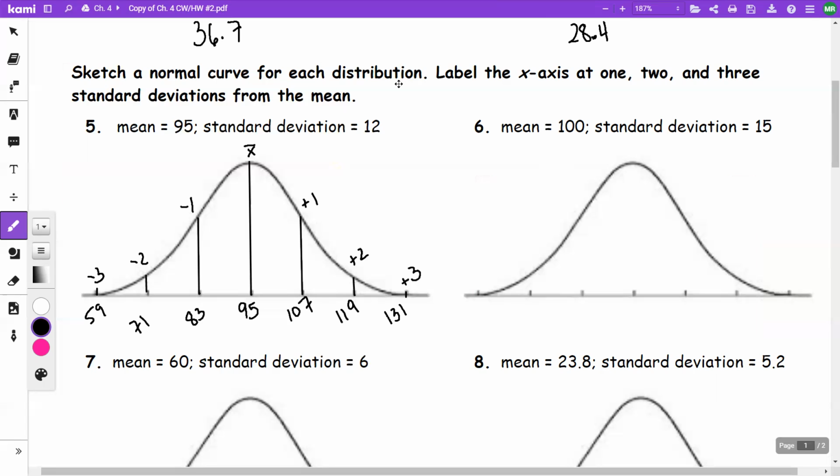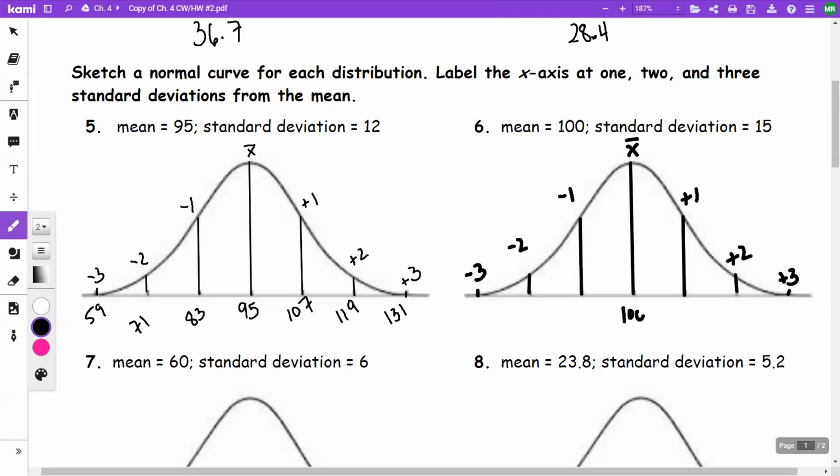Okay, so now let me move this over here. Again, let me draw this. This is going to be my mean, and then +1, +2, +3, -1, -2, -3.